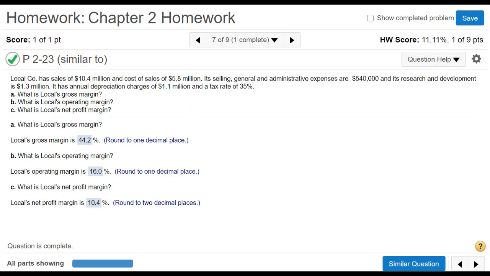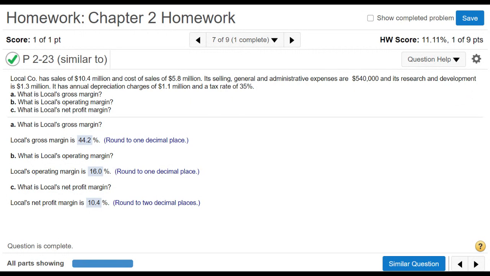Now, the net profit margin is the number we get when we make all our deductions. We multiply by the tax rate. I want to know what the tax rate is. So it's 1 minus 0.35. 1 is equal to 100 percent when you convert it into a decimal.